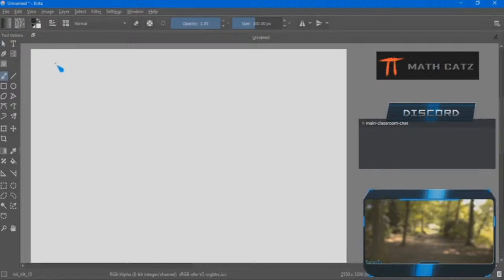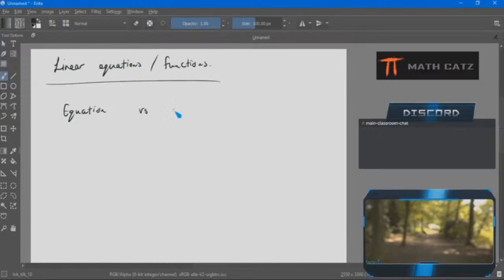All right, so we are going to talk about linear equations or linear functions. It's very important in general to understand the difference between an equation and a function, without getting into too much detail for our purposes.